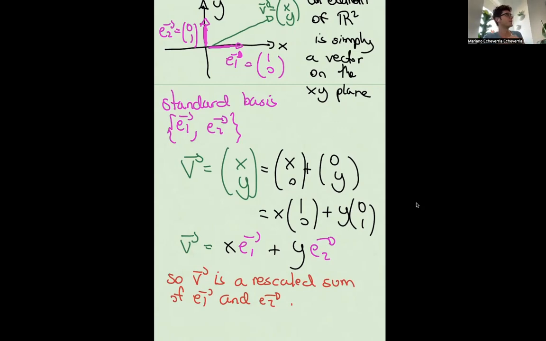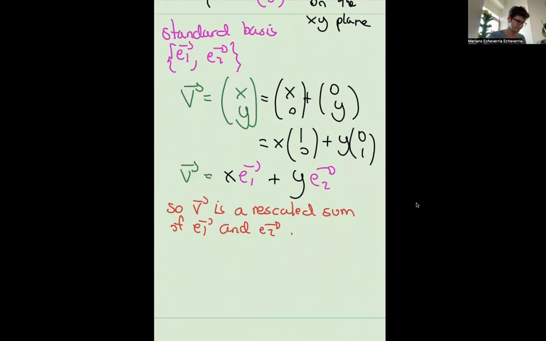So the vector is kind of like water, so it's H2O. The basis is kind of like hydrogen and oxygen. Here's the analogy, right? You have something like water, which is H2O.